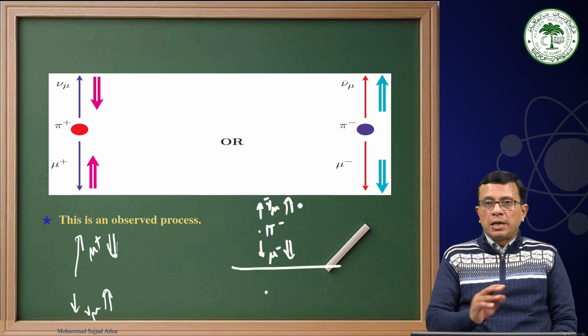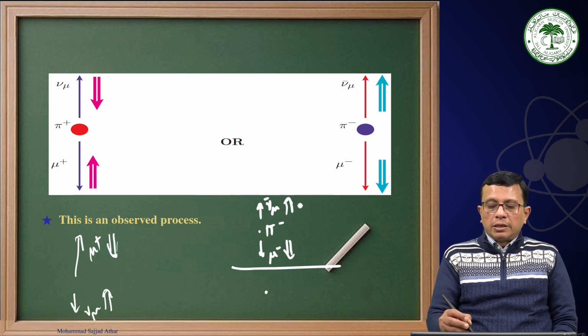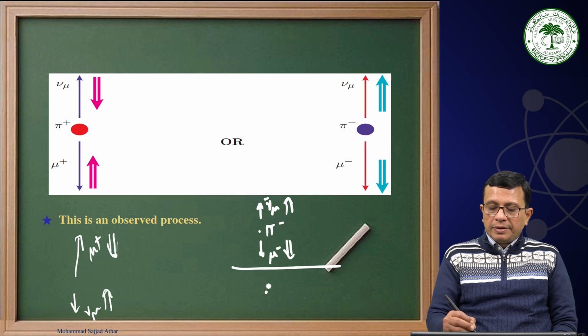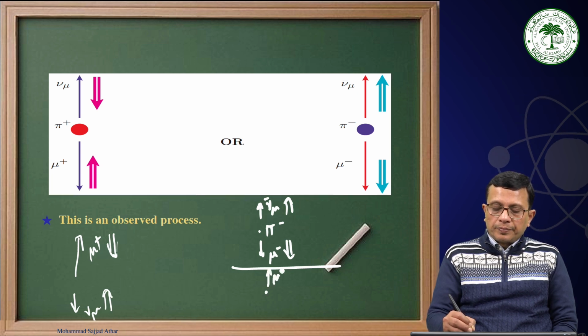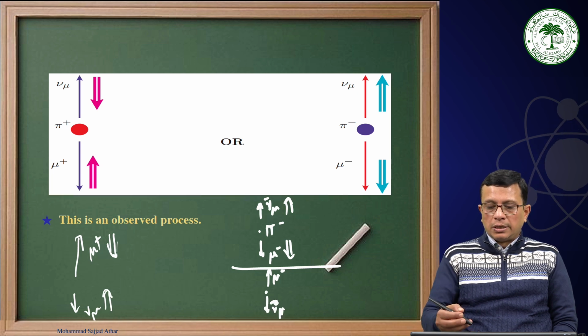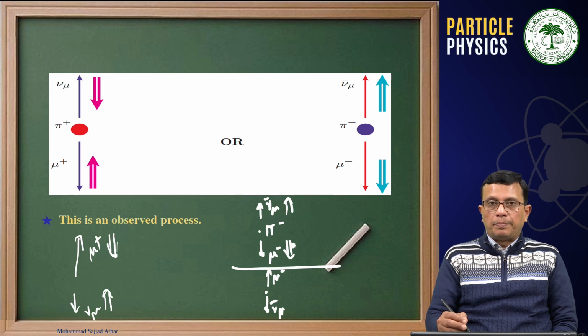Now, spin does not change under mirror operation or parity operation. Therefore, what will happen when we see the mirror image? Now, mu minus will go up and nu mu bar will go down. See the mirror reflection of this without changing the spin of the particles. Therefore, the direction of mu minus spin was in the downward direction, and the direction of nu mu bar spin was in the upward direction.